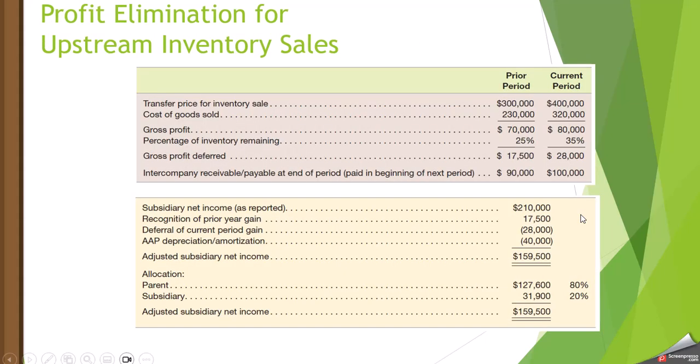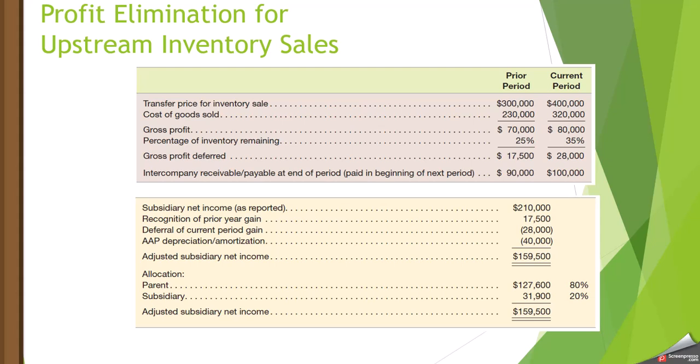Now this is where it gets a little bit confusing. And this is what you do want to understand in this chapter as well. When we have intercompany sales, we could have intercompany property, plant, and equipment sales. We could have intercompany inventory sales.